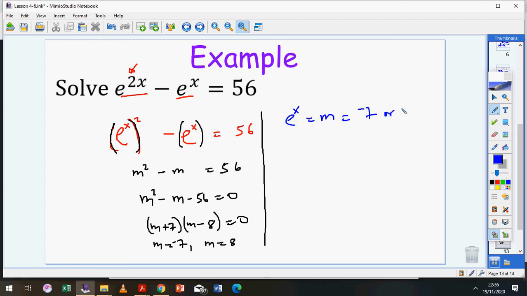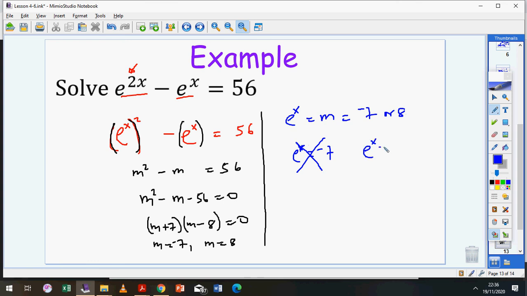So what happens when e to the power x is -7? Well, remember, there is no value of x that you can put as a power to get a negative number. So this whole result is just discarded because it's impossible to get a logarithm of a negative number. What if e to the power x is equal to 8?